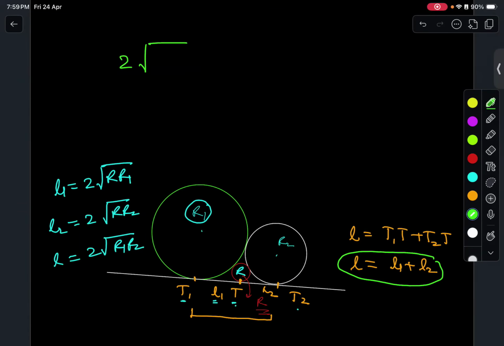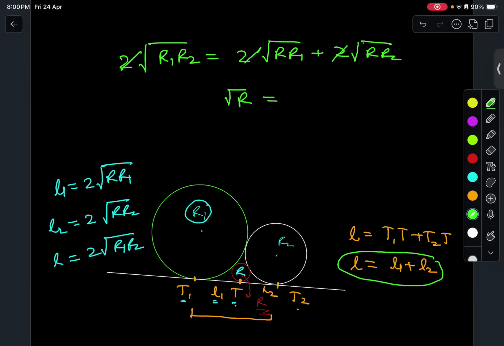Twice the square root of R1 R2 is equal to twice the square root of R1 R plus twice the square root of R R2. Cancel out the 2 and the root R: root of R1 R2 is equal to root of R times the sum of root R1 and root R2.